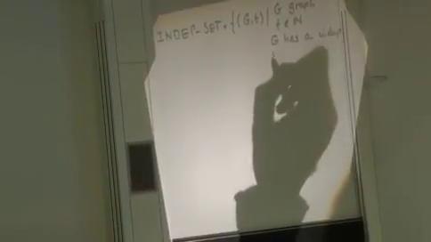Independent set is the set of all pairs (G, T) such that G is a graph, T is a natural number, and G has an independent set of size at least T. So the independent set problem is, given a graph G and some parameter T, decide whether this graph has an independent set of size at least T.